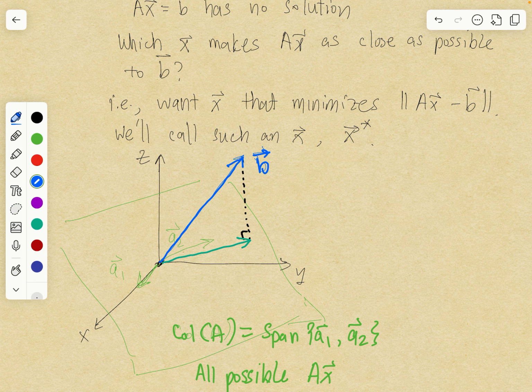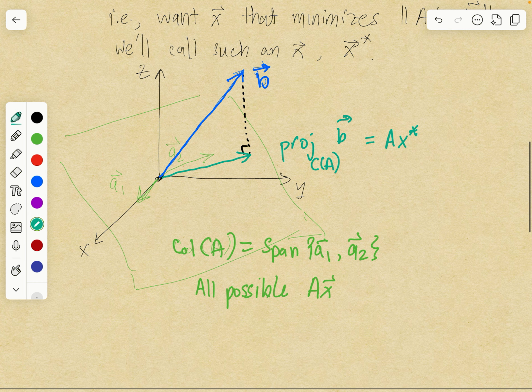It's the projection of B onto the column space of A. So that's going to be our A times X star. And so now we see one way to find X star. First, we can find the projection of B onto the column space and then solve for X star.